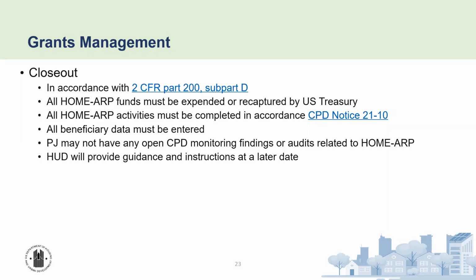In addition, any monitoring findings or audits must be closed out before we can close out your grants. HUD will use IDIS to close out these grants once all the closeout requirements have been met. HUD will provide additional guidance as we get closer to the end of the period of performance and towards closing out these grants. Next slide.